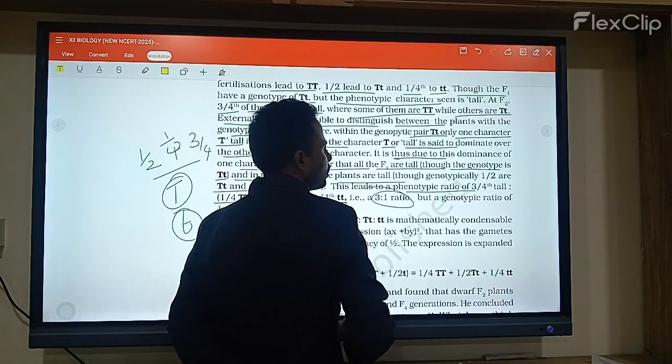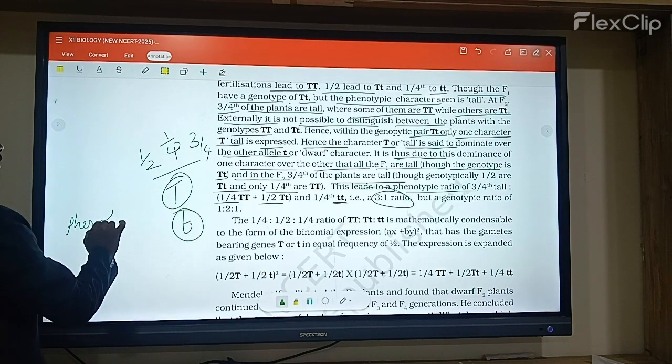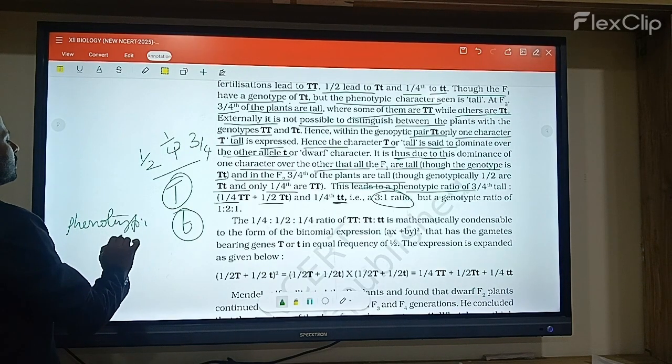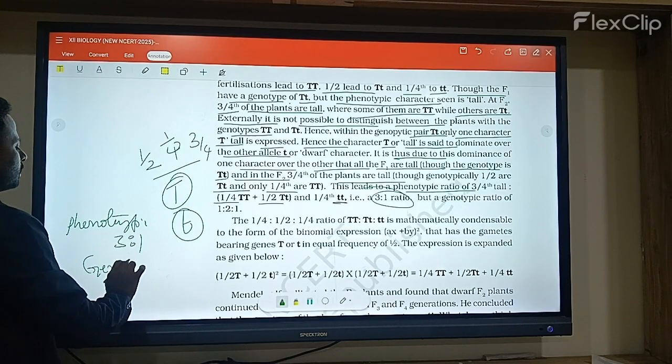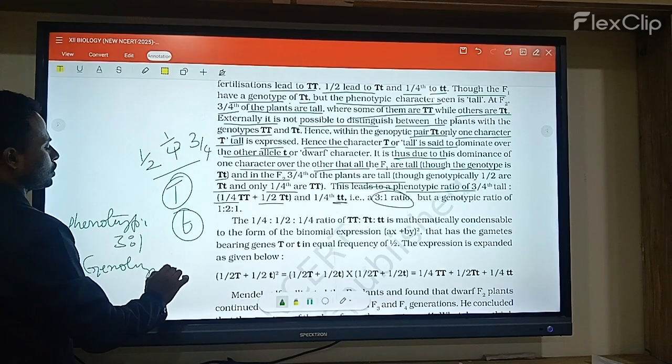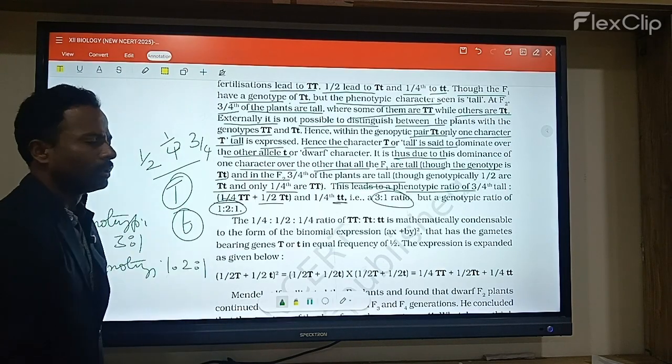So when you observe the ratio, the phenotypic ratio is 3:1 and the genotypic ratio is 1:2:1.